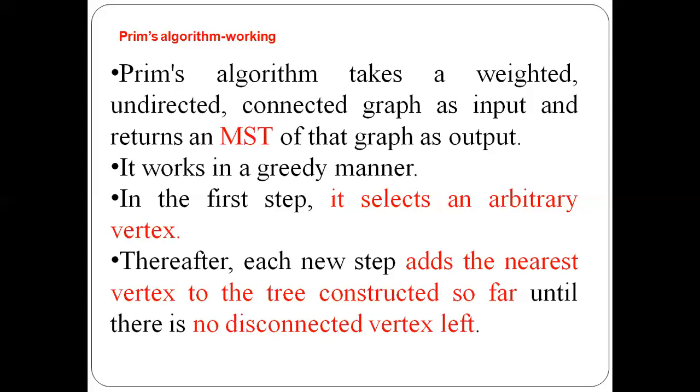So first you select an arbitrary vertex that will be the first node of the tree. Then you see all the edges of that vertex. Of those, the one which gives the minimum weight will be added to the tree along with the other vertex. And this process will continue until no vertex is left over in the original graph.